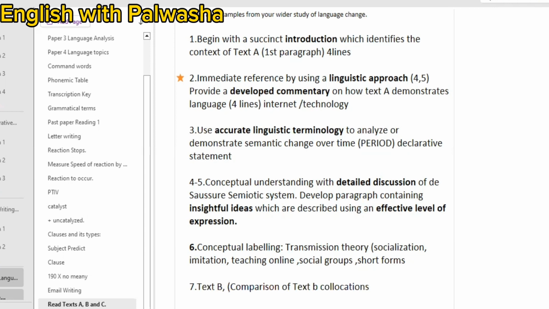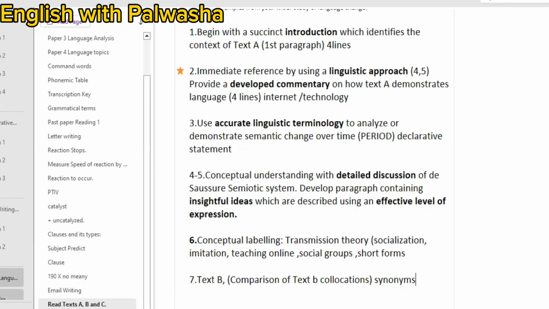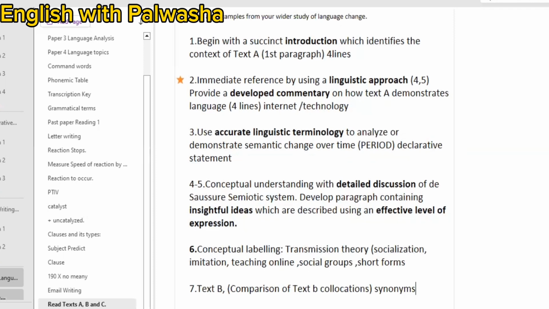The collocations which are used, the synonyms which are completely transformed from that period of time to the 2000 period of time. I am going to upload this paper, or else I'll be sharing this paper.